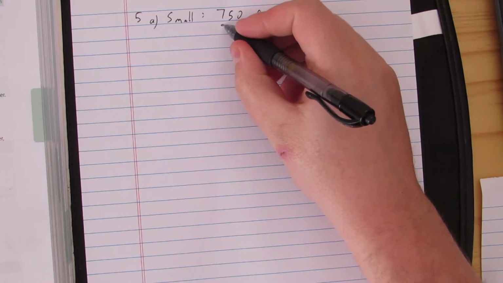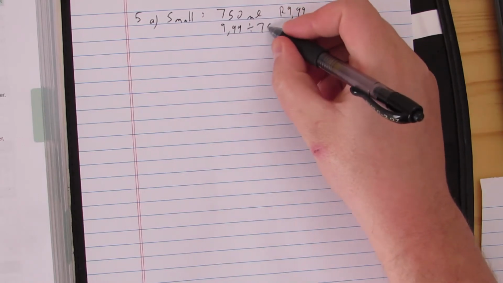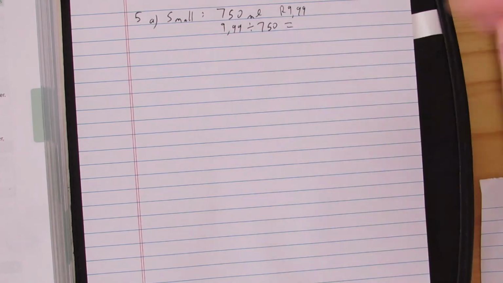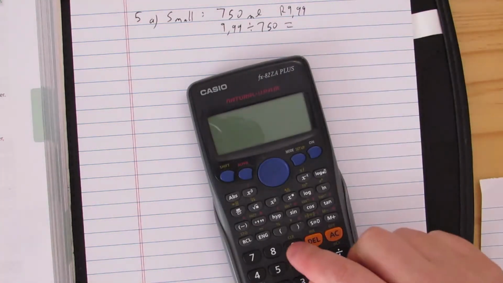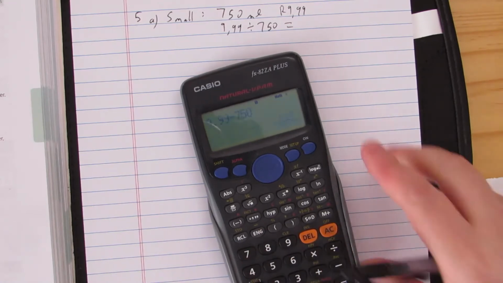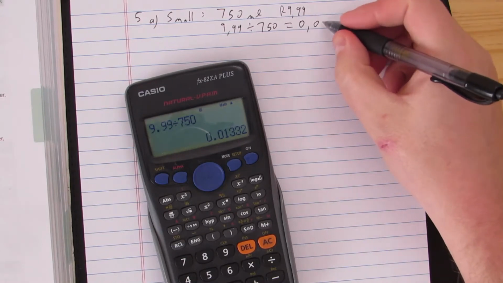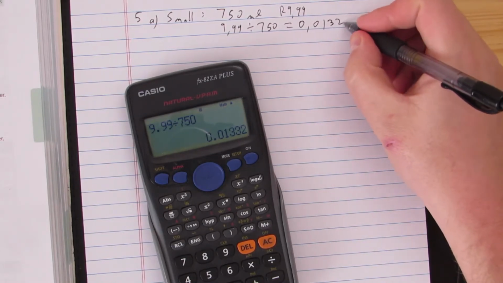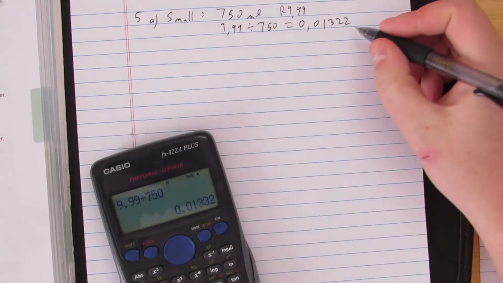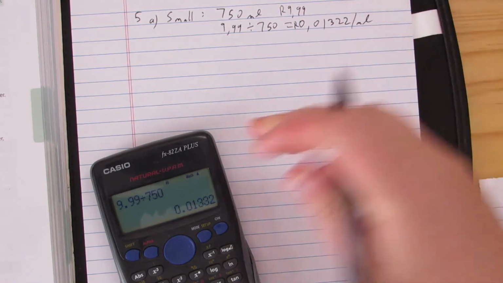So I'm going to take R9.99 and divide it by 750. Let's use the calculator here. We are going to get, and I want you to give me all the decimal places here, 0.01332. Okay. That's rands per milliliter.